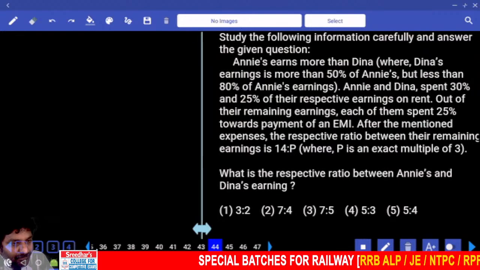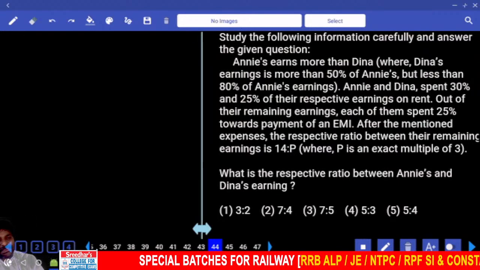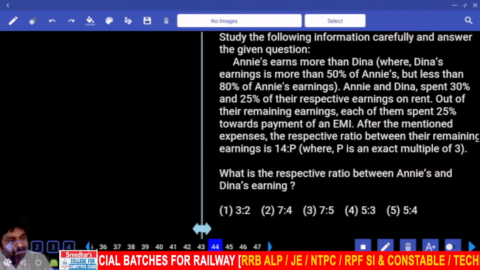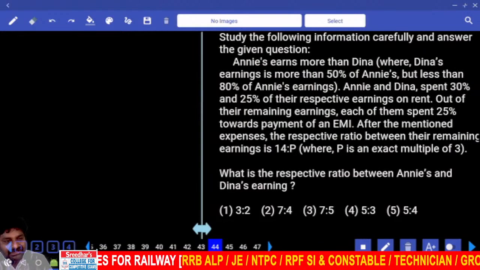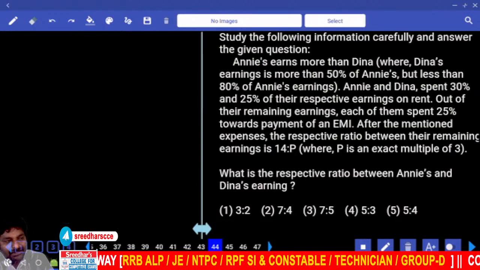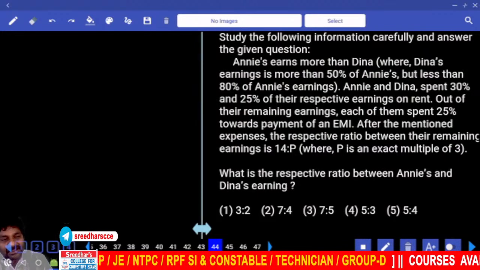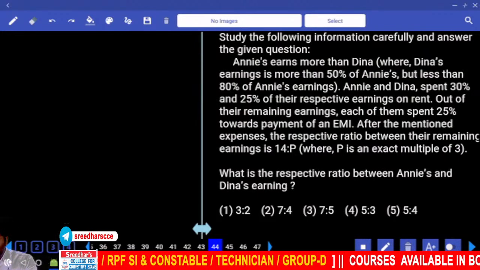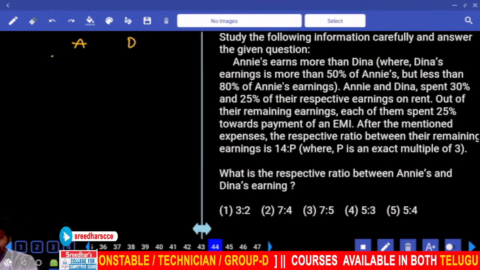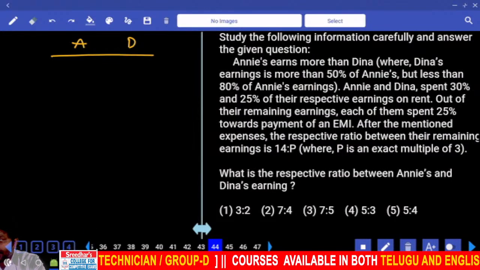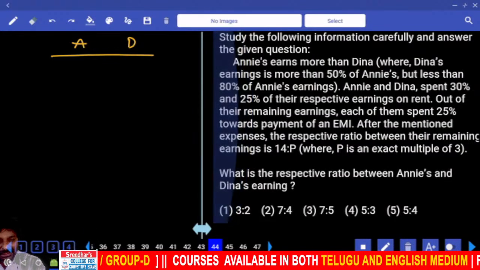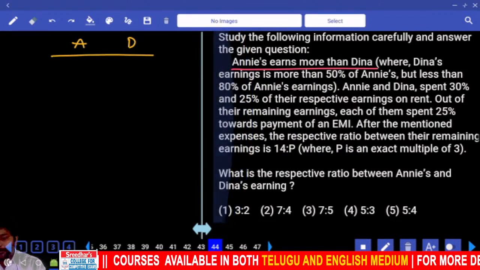Right. Next, Annie earns more than Deena, where Deena's earnings is more than 50% of Annie but less than 80% of Annie. There are 2 people, Annie and Deena. Who is earning more? Annie. Annie earns more than Deena.